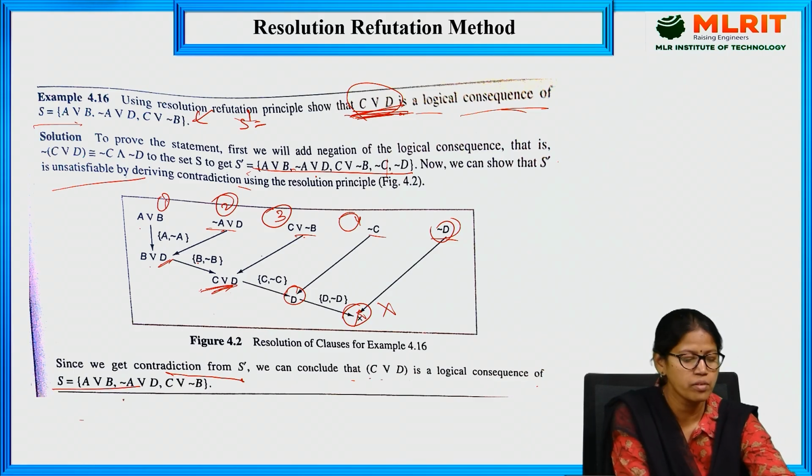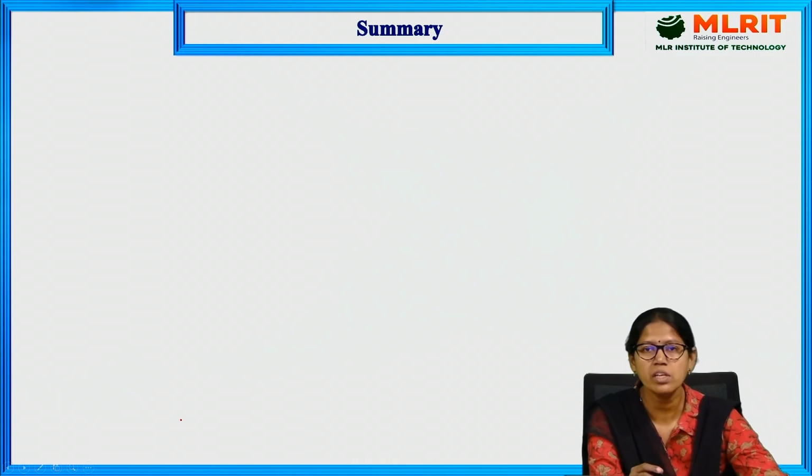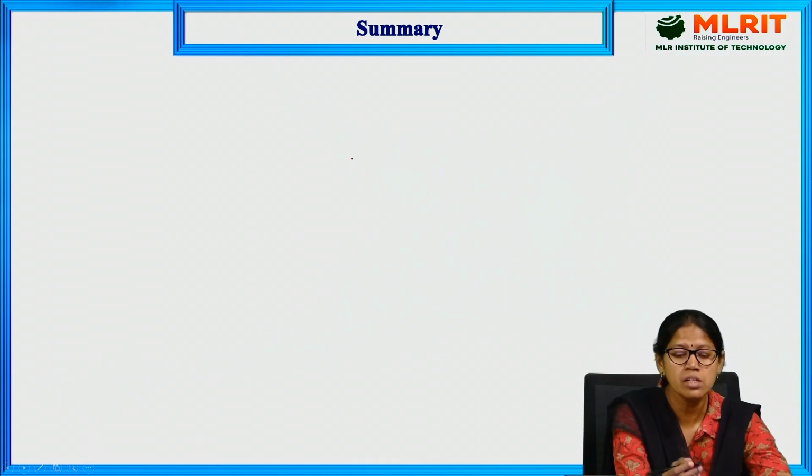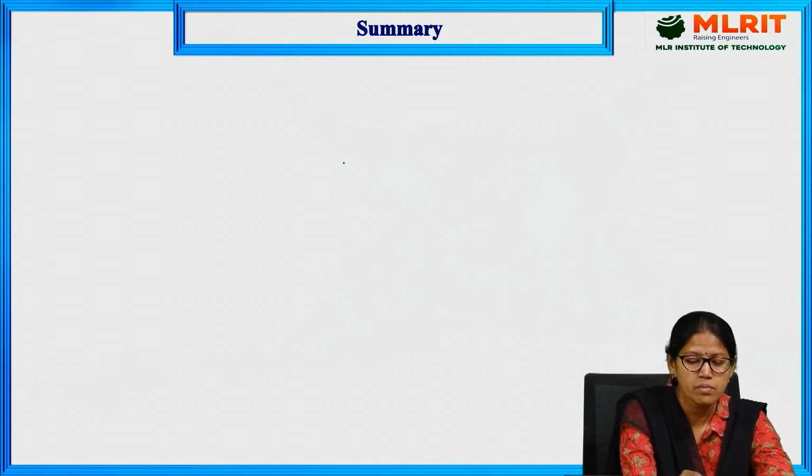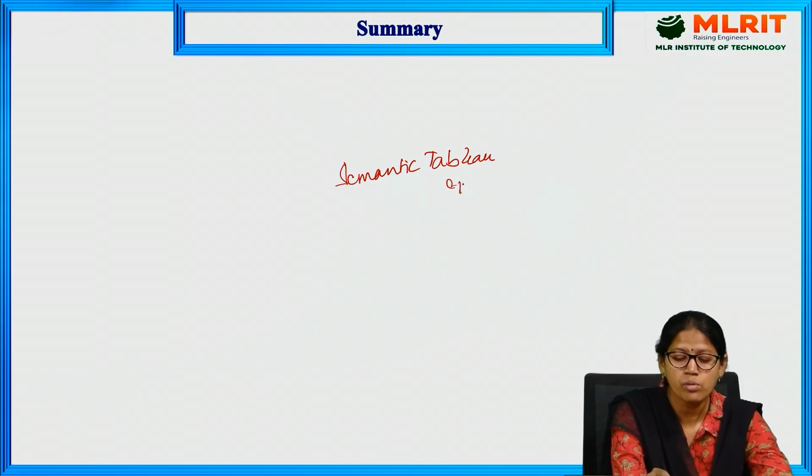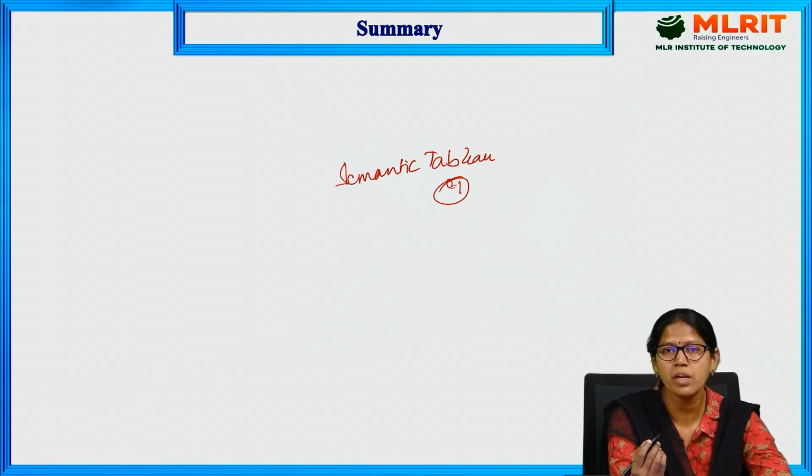In this session, we have seen the semantic tableau. In the semantic tableau, there are 9 rules. We have to apply these 9 rules systematically to derive whether the given formula is satisfiable or unsatisfiable.